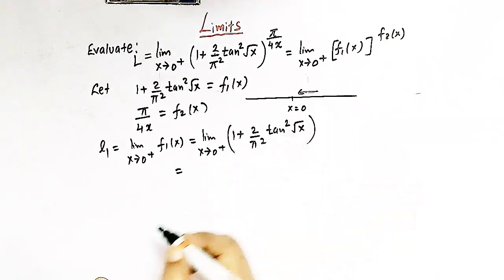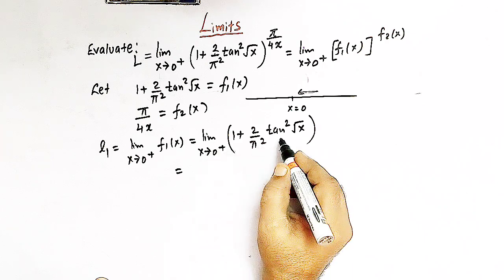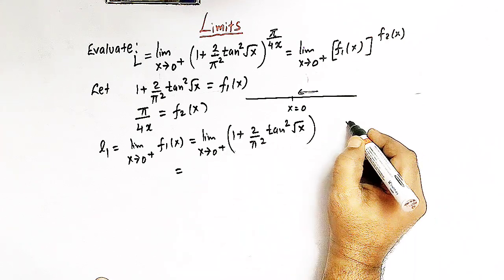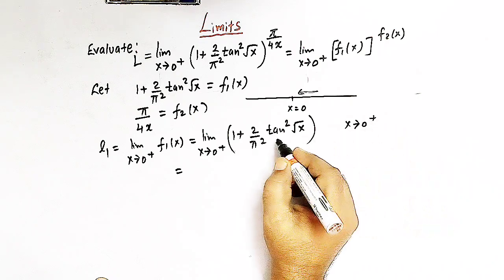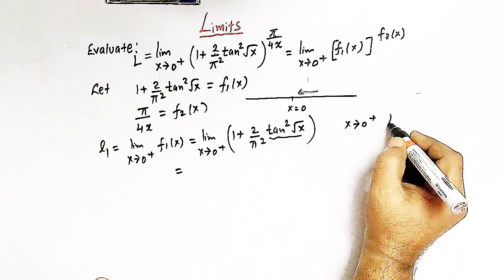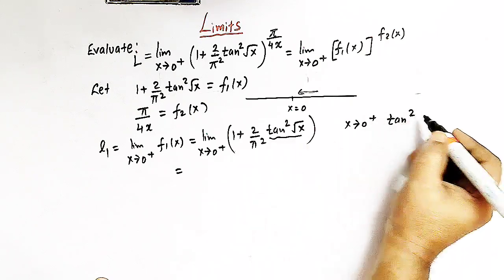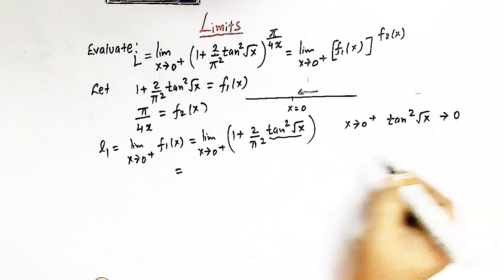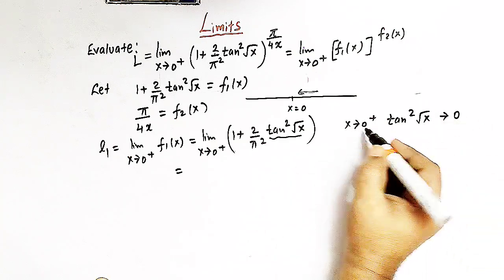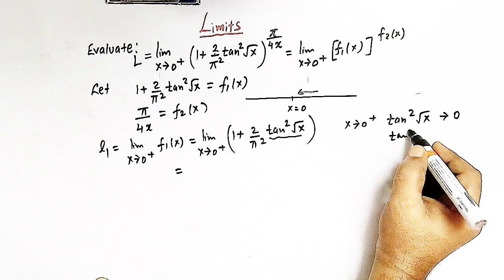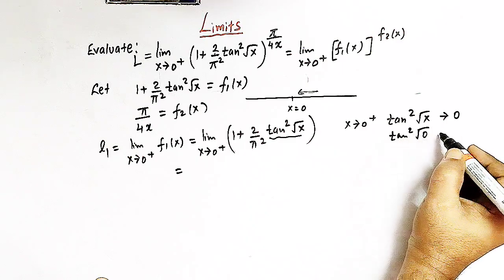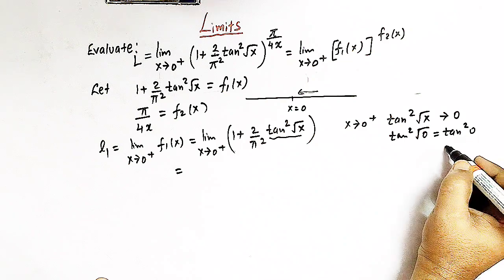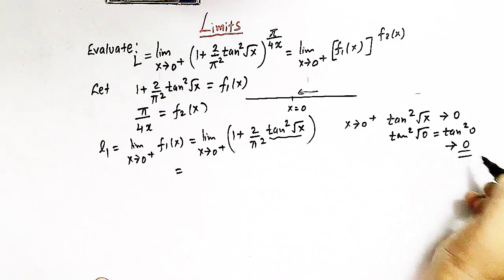So when x tends to 0, tan²√x tends to 0, because x tends to 0.